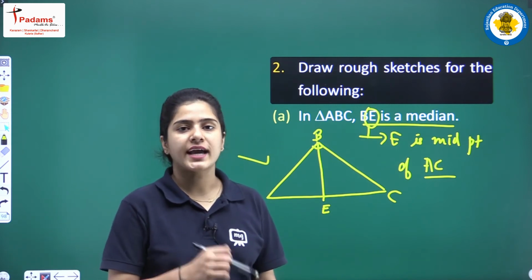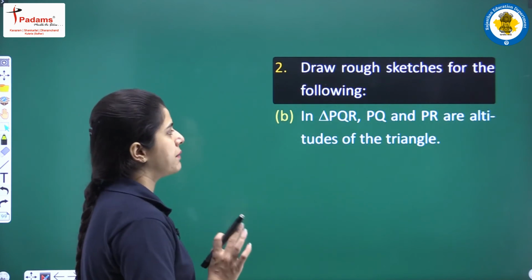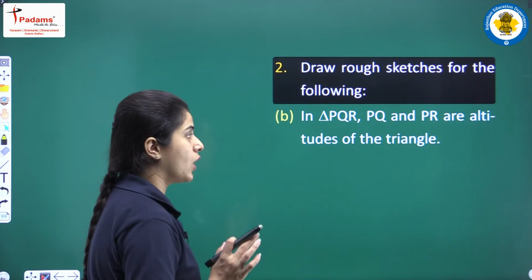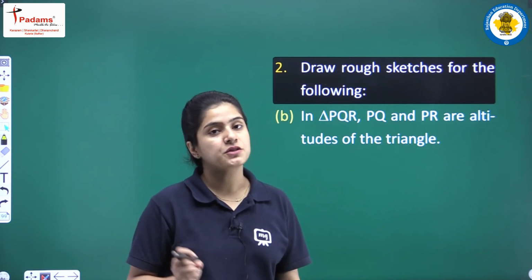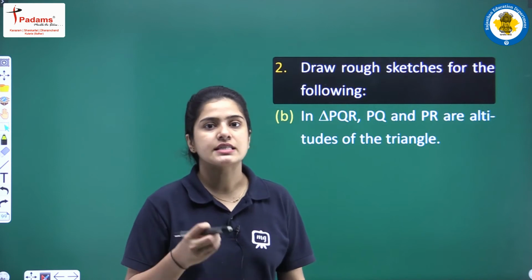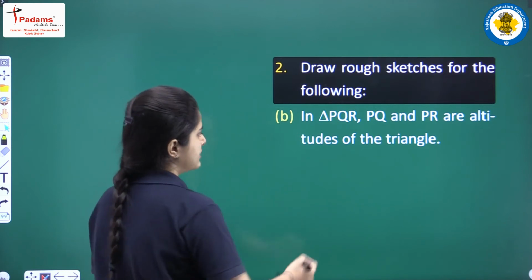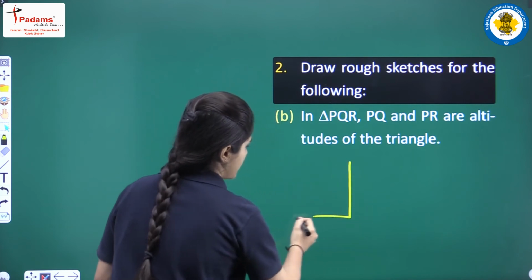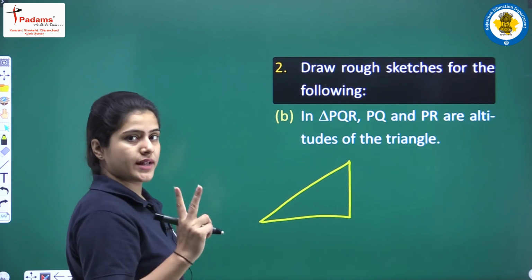Okay, look at the second part students. In triangle PQR, PQ and PR are the altitudes of the triangle. Now we have to draw the triangle in which its sides themselves are the altitudes. Okay students, have a look. In this, make a right angle triangle because we have to make two altitudes.